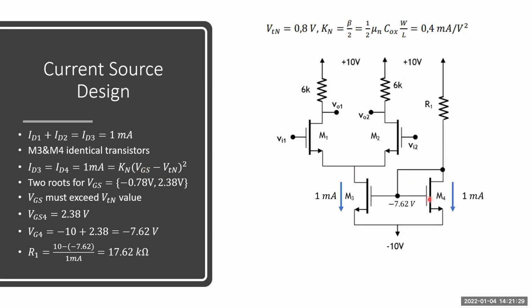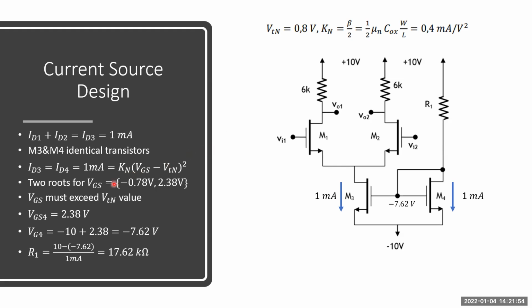The current passing through these transistors is 1 milliamp. We know Kn is 1/2 mu n Cox W/L, which equals 0.4 milliamp over V squared here. Then the equation is Kn times (VGS minus VTN) squared, and VTN is given in the question.